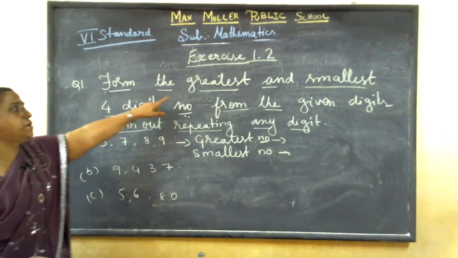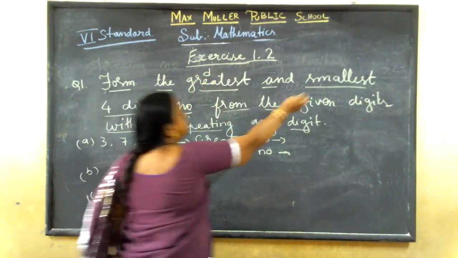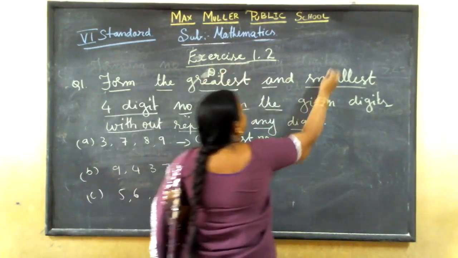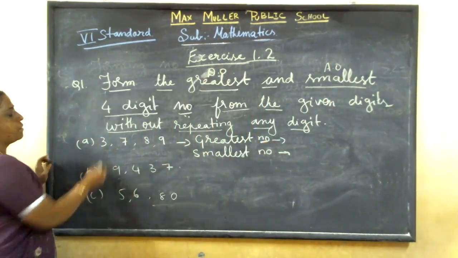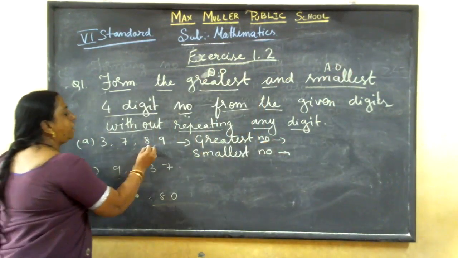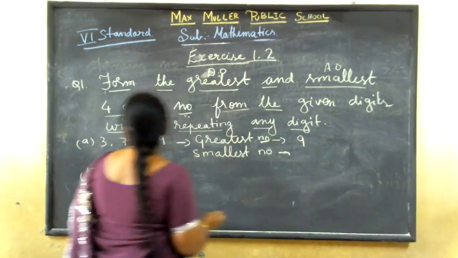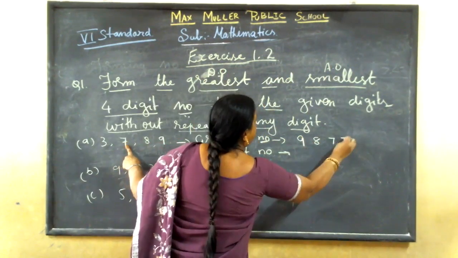So the greatest number you should arrange in descending order. The smallest number in ascending order. That's it. Here, the greatest number among 3, 7, 8, 9, which is greatest? 9. So 9, after that 8, then 7, 3.